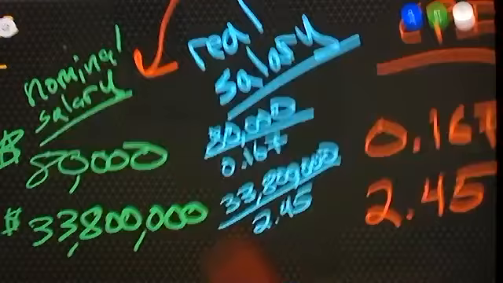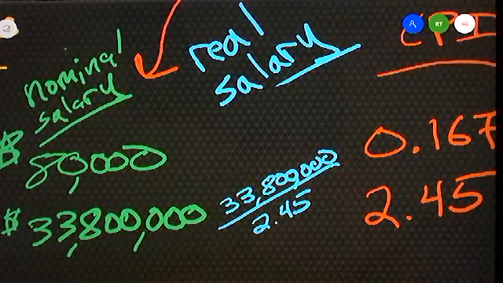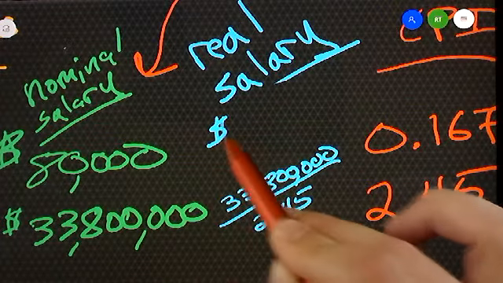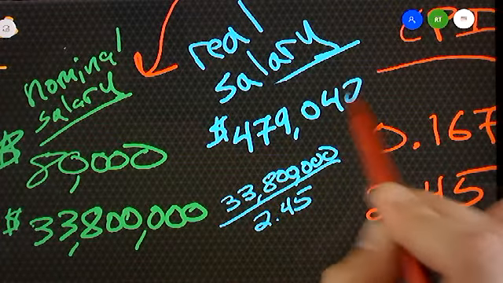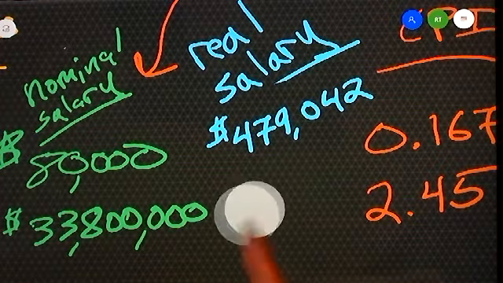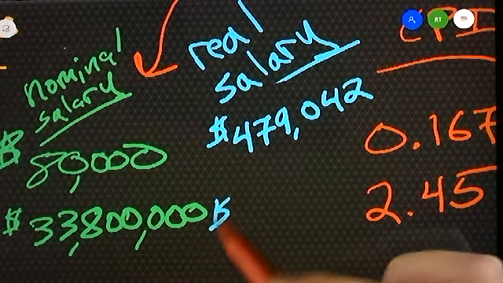And so we end up with Babe Ruth's real salary being about $500,000. And a modern baseball player's salary, even when we're accounting for the increase in inflation and stuff, is still a lot more than Babe Ruth's, right?